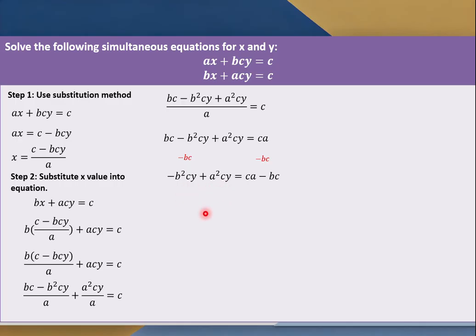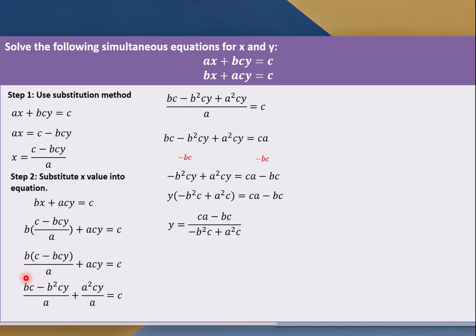That means I can factor it out, and I'm left with negative b squared c plus a squared c is equal to ca minus bc. Because I've factored y out, I can divide everything by that bracket. So that gives me ca minus bc and negative b squared c plus a squared c.